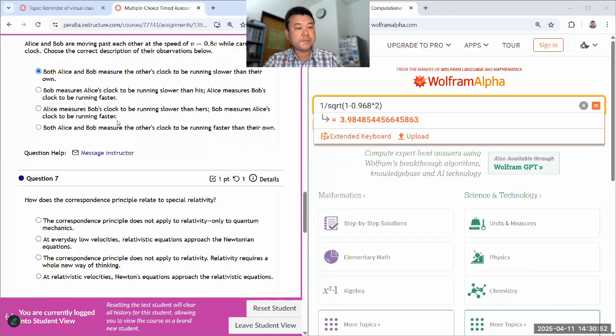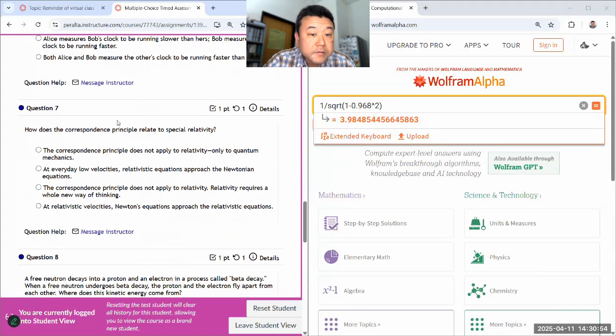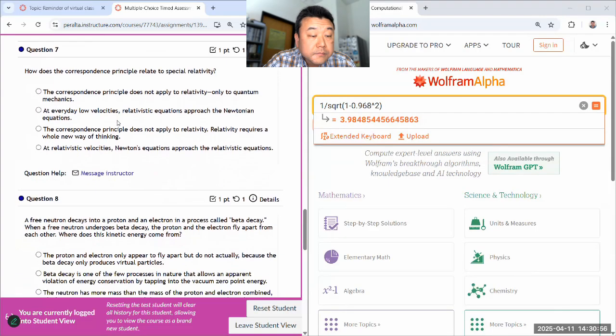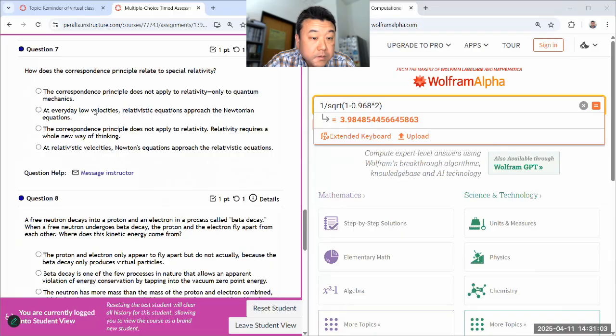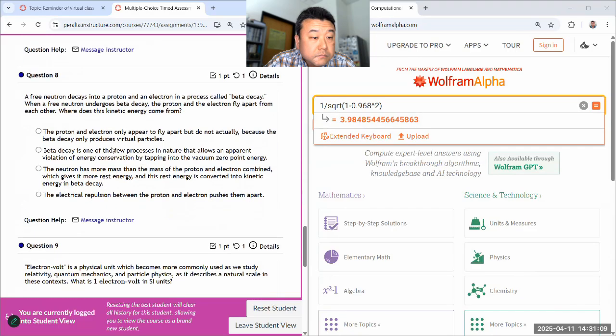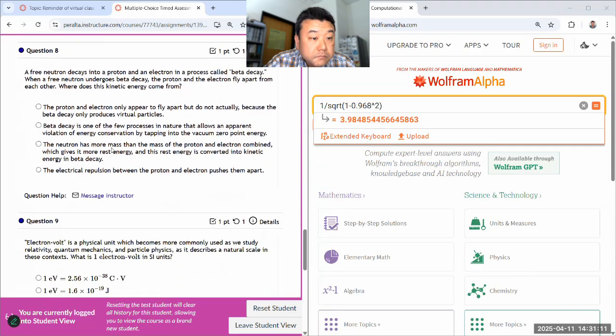Yeah, that's the statement of time dilation paradox. Other square. That's good. Okay.